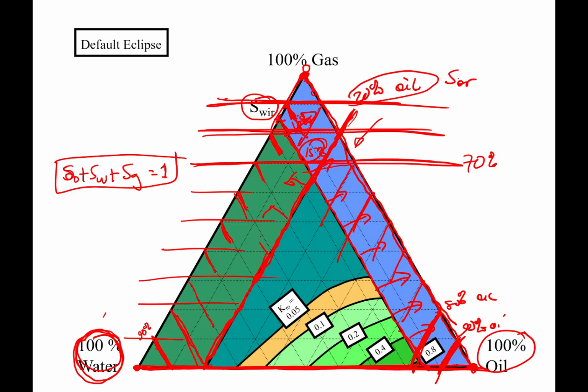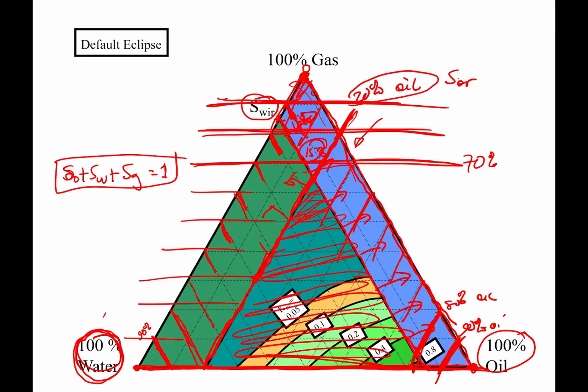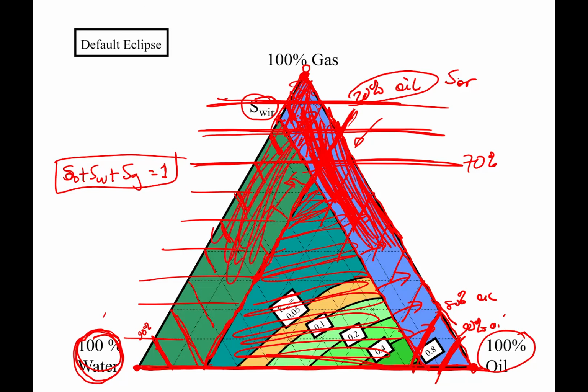So what are these colors now? So the region of interest really, if I were to shade it, is this part. Because it's bounded by this impossible zone of irreducible water saturation, this impossible zone of residual oil saturation, and really is this inner triangle where the oil, water, and gas are mobile.